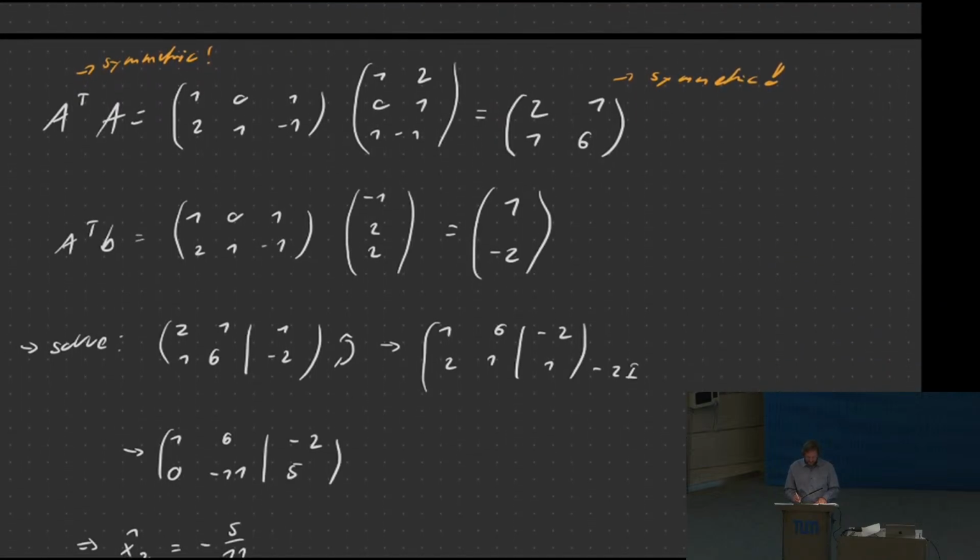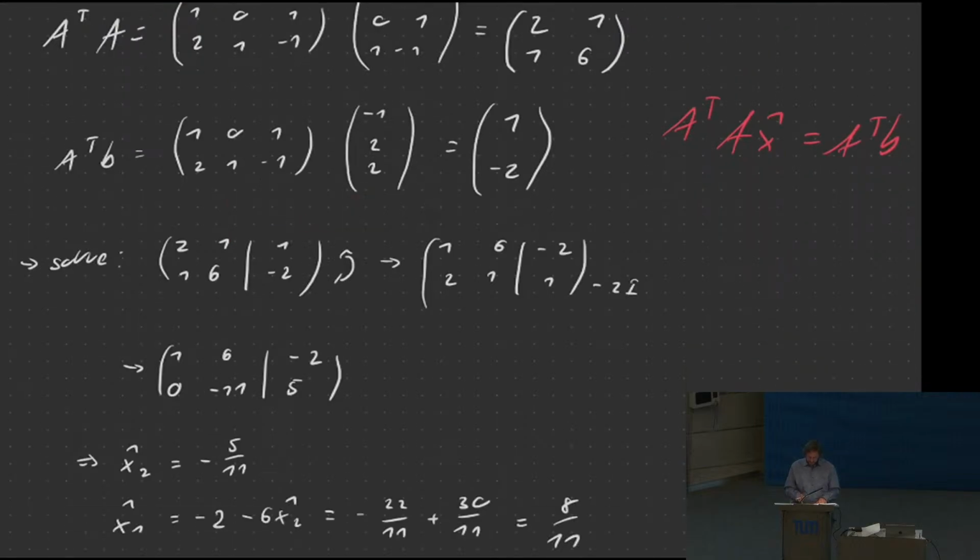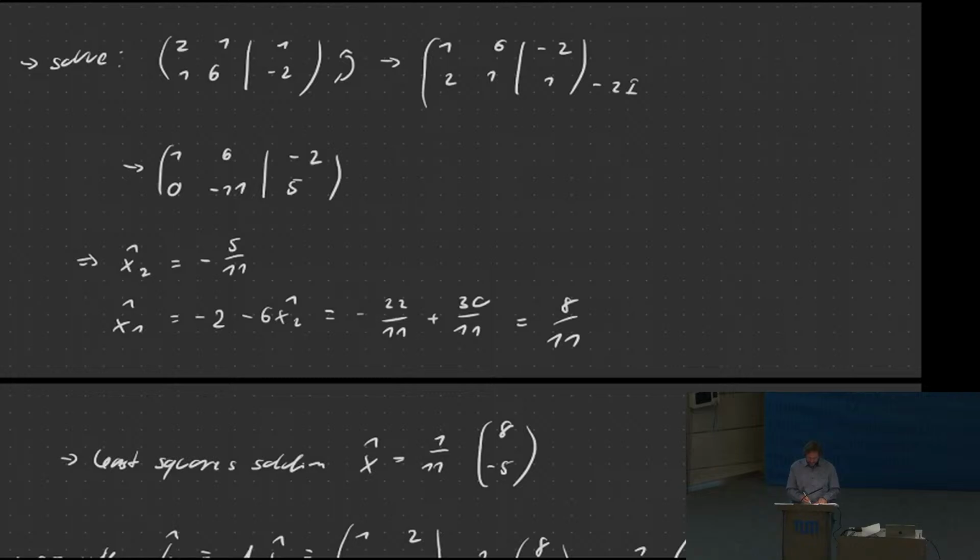And basically, I just need to do the computations here. I compute A transpose A, I compute A transpose b, that's my new right-hand side, and then I solve A transpose A x hat equals b hat, equals A transpose b. That's what I'm doing here. And I get this solution.